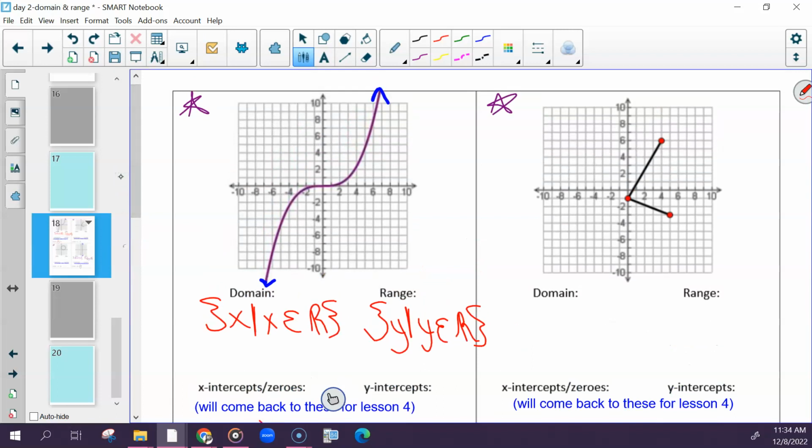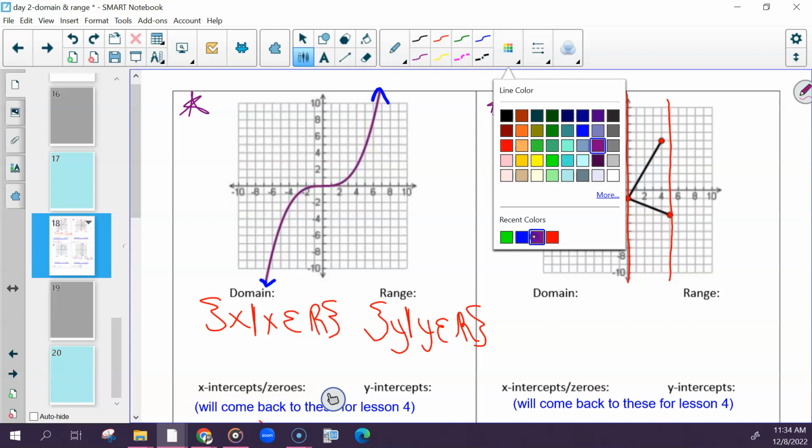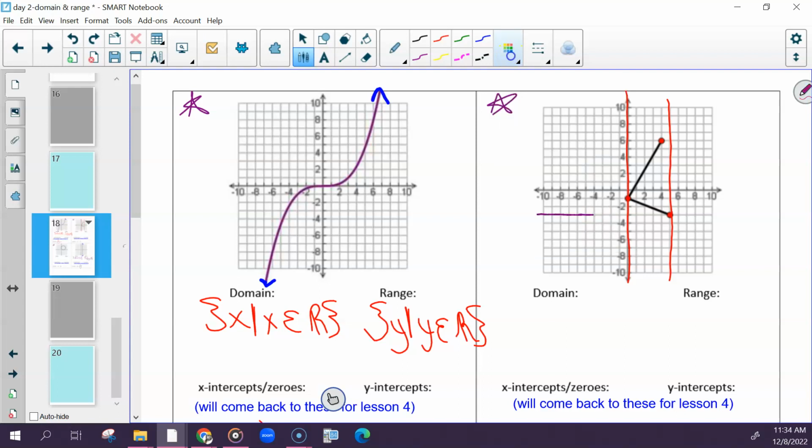The one right next to it has endpoints. So we can find our furthest point to the left and right, as well as our highest and lowest points. What would our domain be?